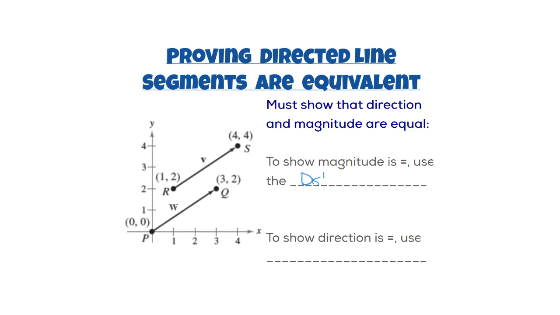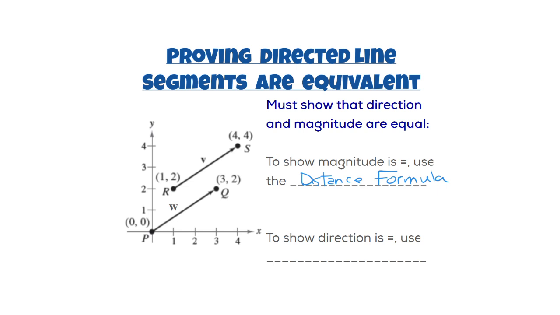All right, so distance formula could show that they have the same length or same magnitude. Now, you've done distance formulas since Algebra 1. I'm not going to take the time to do it. I know that you could do the distance formula on each of those to check to see if their magnitudes are the same.